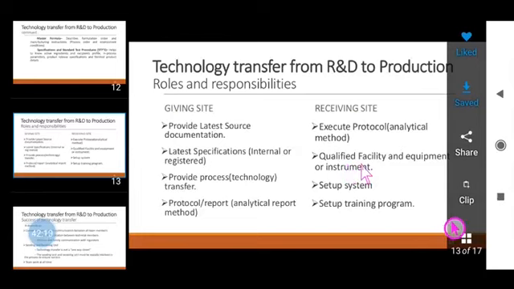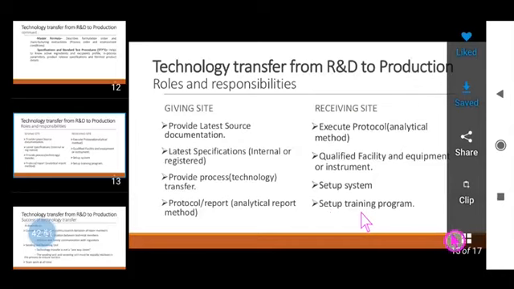It may be that, capacity wise, equipment with a modified capacity may be required, and sometimes substitute equipment may be required. Then the entire setup system has to be made available, and it must be ready so as to accommodate the new technological process in order to have successful manufacturing with the new technology.